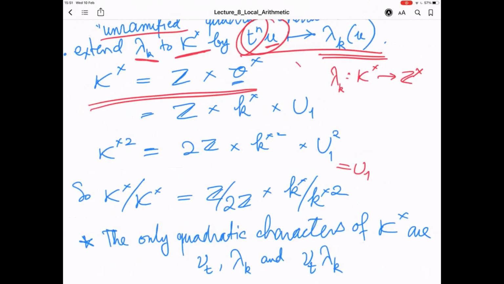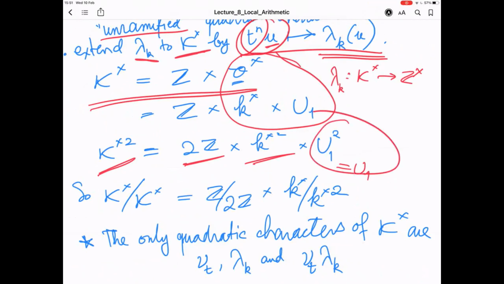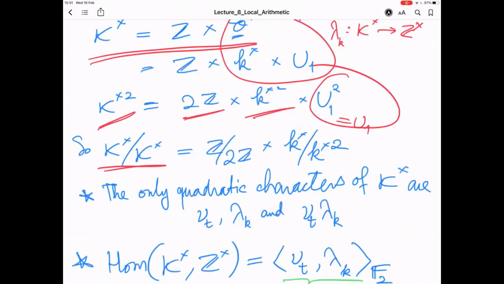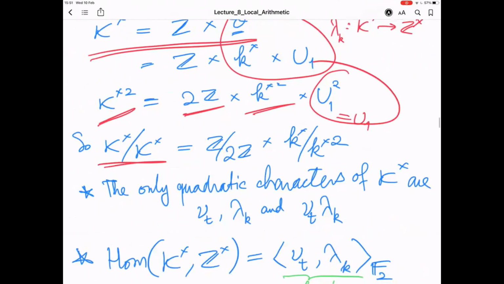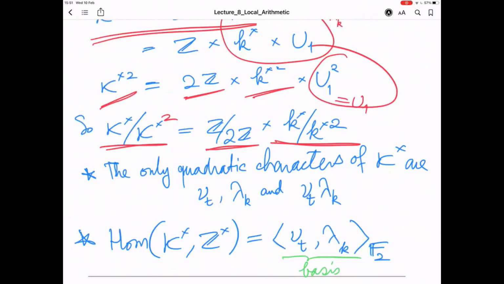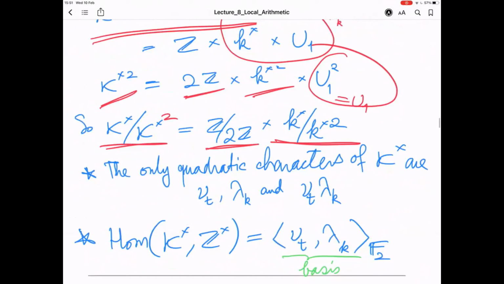And this O star was earlier shown to be equal to K star times U1. So if I look at K star squares, that's going to be 2Z here, K star squares here, and U1 squared here, but that's equal to U1 itself. So K star modulo squares is going to be Z modulo 2Z times K star modulo squares.